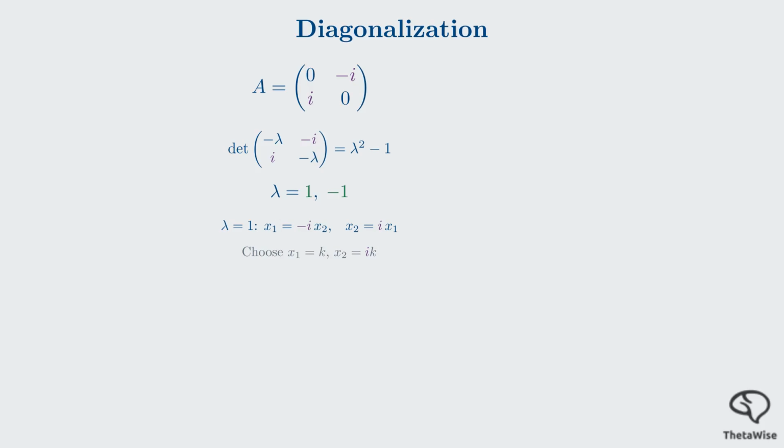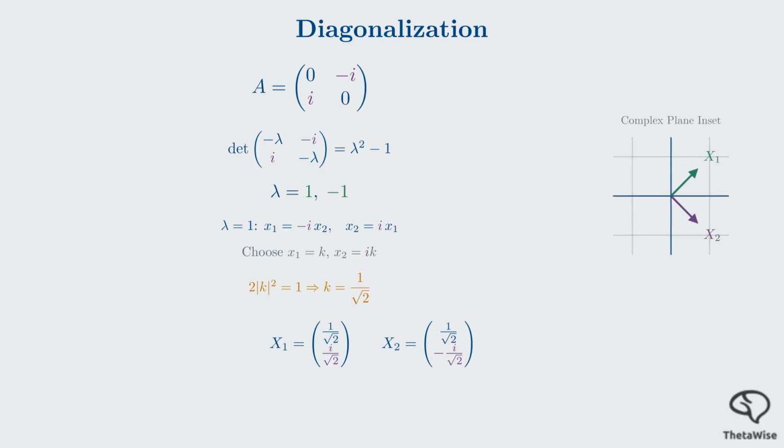Choose x1 equal to k and x2 equal to ik. Normalization gives the squared length 2 absolute k squared equal to 1, so k equals 1 over square root of 2. The normalized eigenvector is 1 over square root of 2, i over square root of 2. For lambda negative 1, the normalized eigenvector is 1 over square root of 2, negative i over square root of 2.